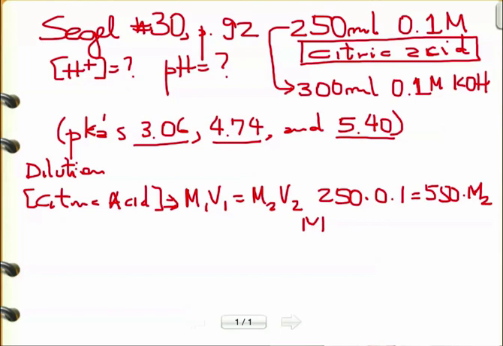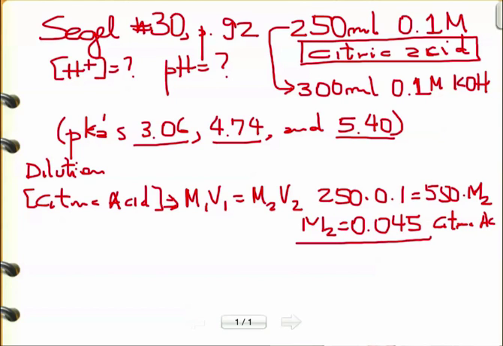And then we calculate the final molarity for citric acid. If this were just a dilution, the molarity would be 0.045 molar for citric acid.